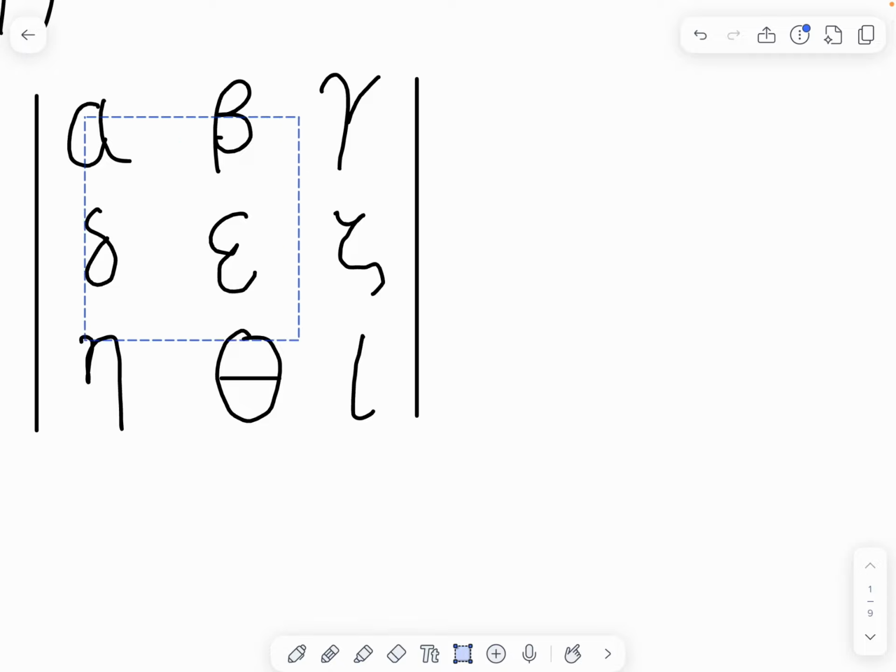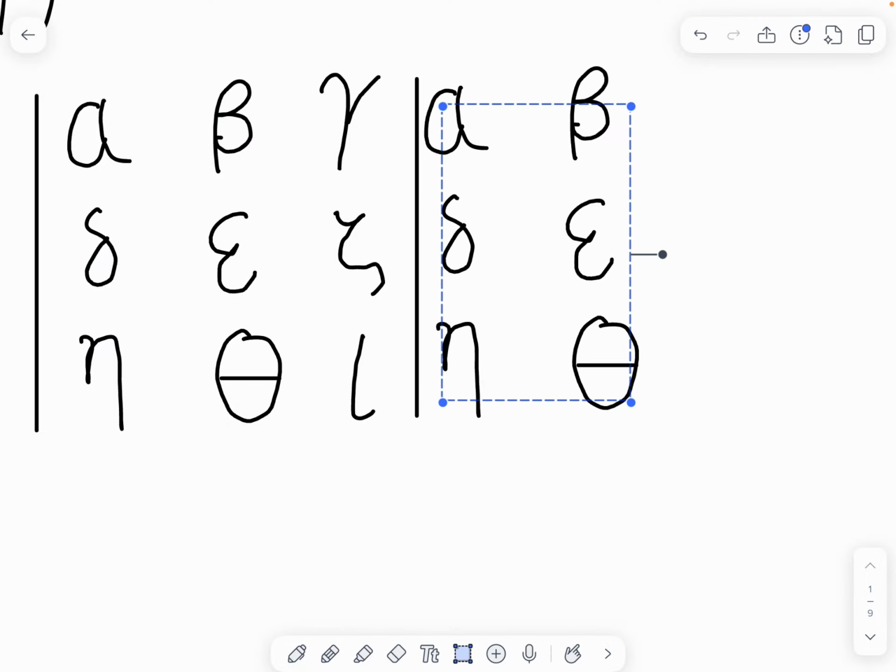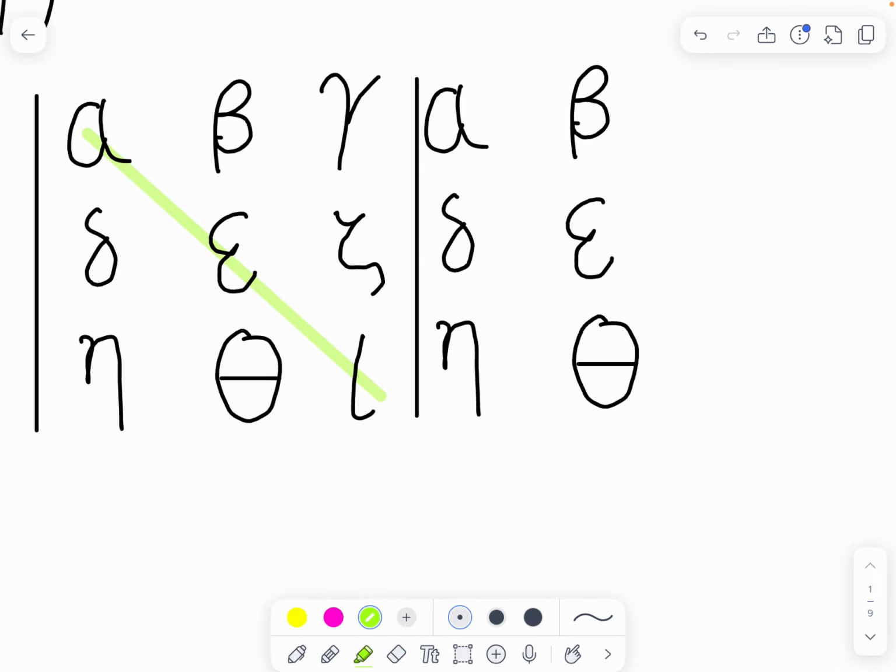So what I like to do is this: duplicate, then there are lines that go through like this. Give me 1 second.